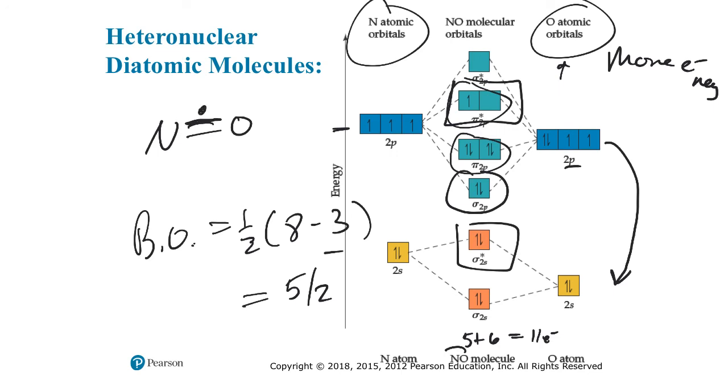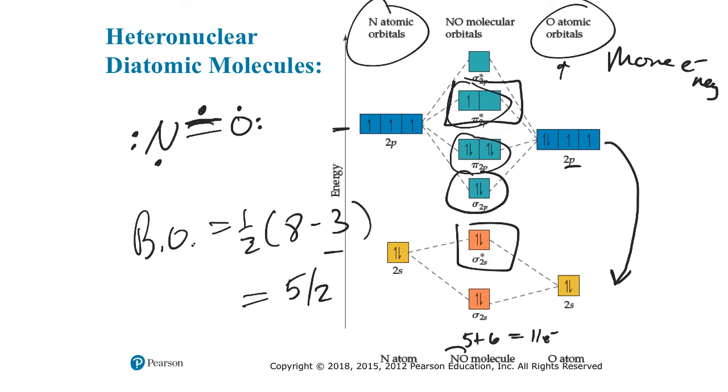Okay, so our non-bonding electrons might look like, in the case of O and N, and let's see, I think I have one more. That's 1, 2, 3, 4, 5, 6, 7, 8, 9, 10, 11.